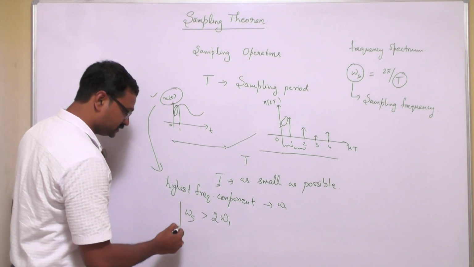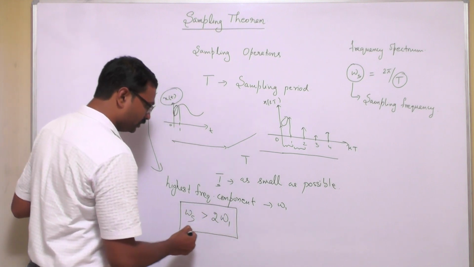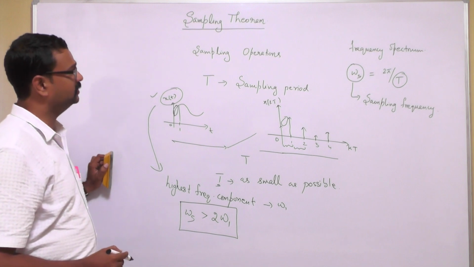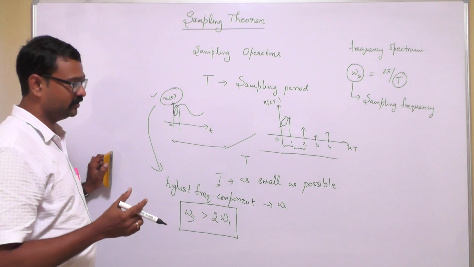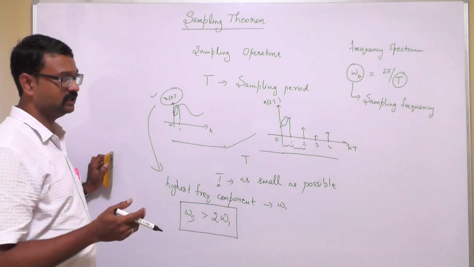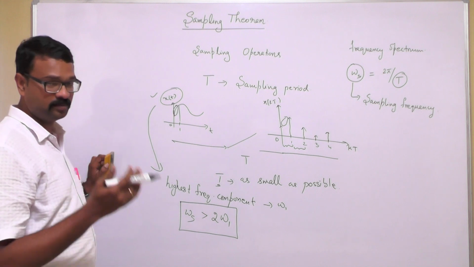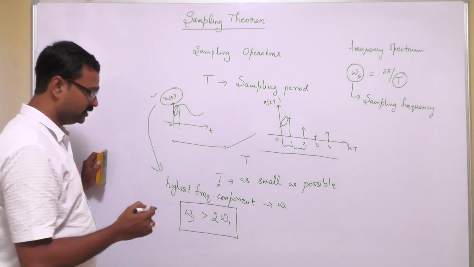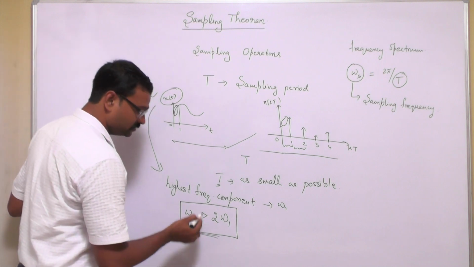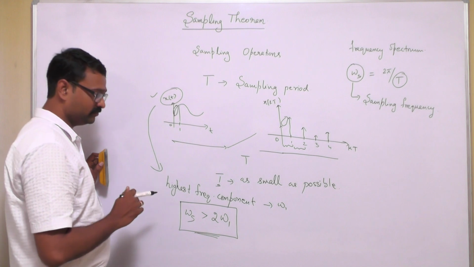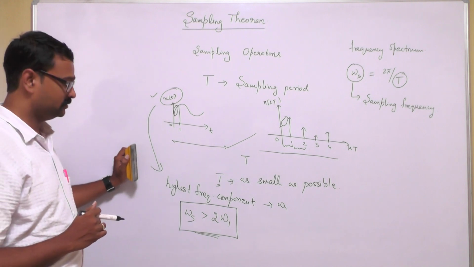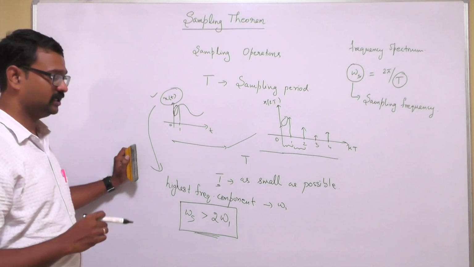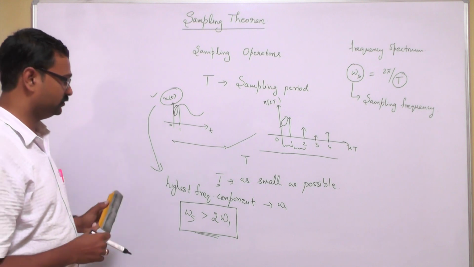If this condition holds, then a signal can be sampled perfectly without losing any information, and you can also reconstruct the original signal. That is, the sampling frequency must be greater than 2 times omega 1, which is the highest frequency component of x of t.